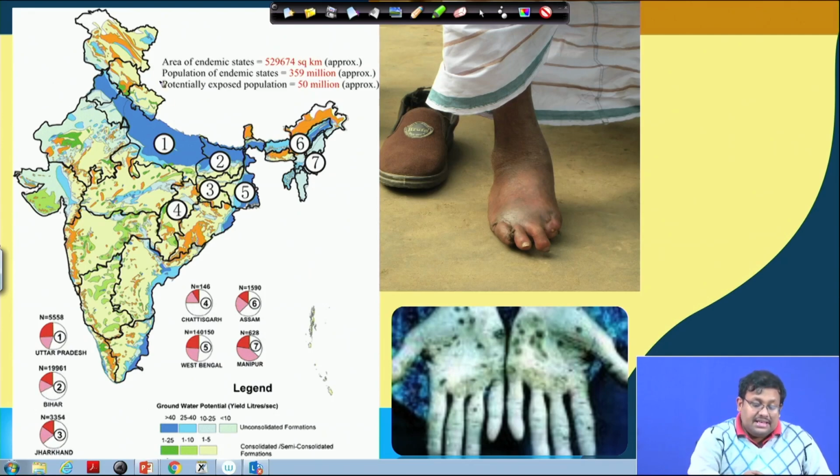You can see here the area of endemic states is almost 5 million square kilometers, the population of these endemic states is 359 million, and the potentially exposed population is 50 million. So, that shows the impact of arsenic contamination in India.